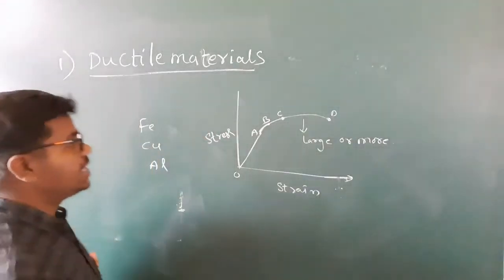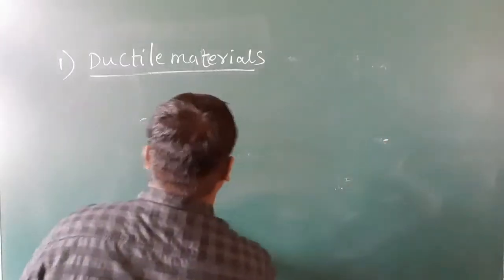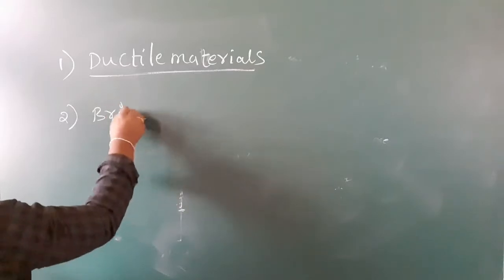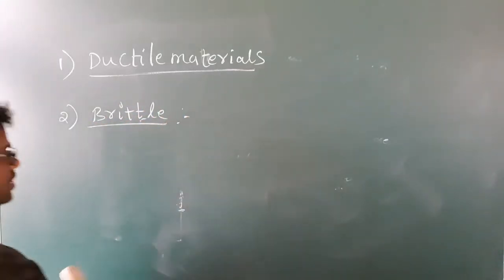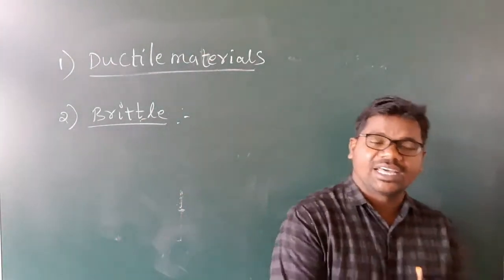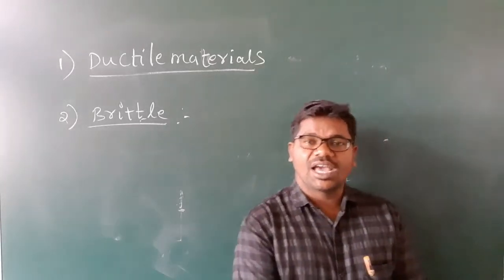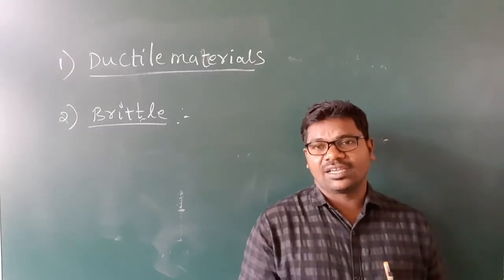Next one, brittle materials. Brittle materials are defined as materials which have small elongation, meaning there is no elongation.